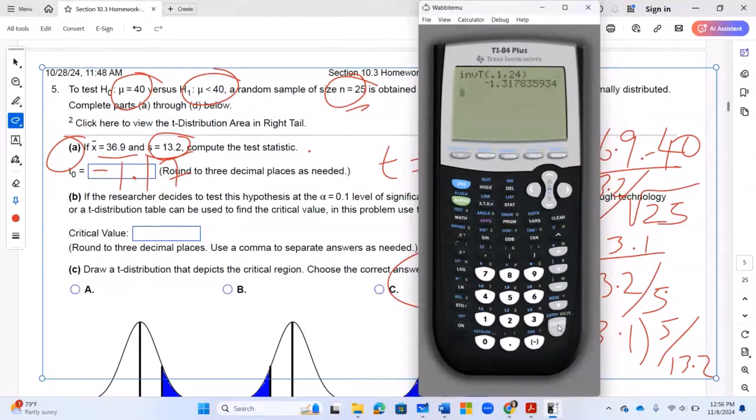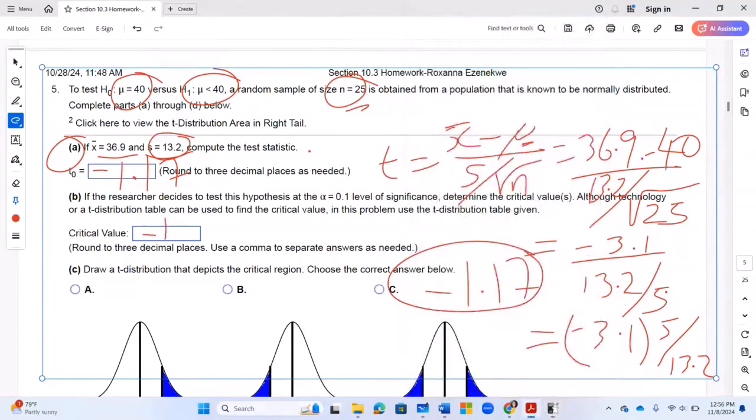Therefore the critical value is negative 1.32. So I found the critical value.